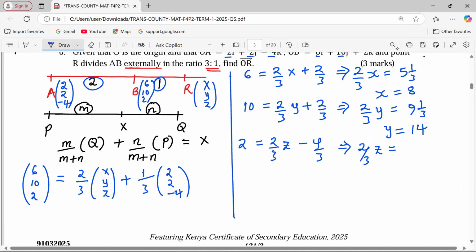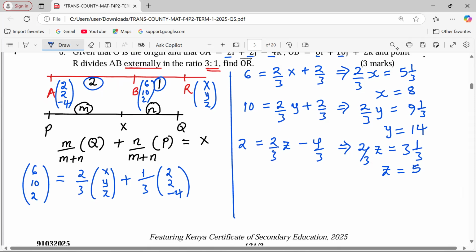This gives us 3 1/3. And then the value of Z can be gotten by multiplying by 3/2, both sides. That gives us exactly 5, and it's still positive.